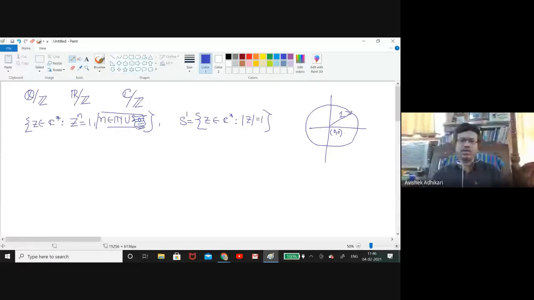So this is nothing but the unit circle. You can understand that this is a subset of C star. And maybe another, C star with respect to multiplication. All of them form groups.